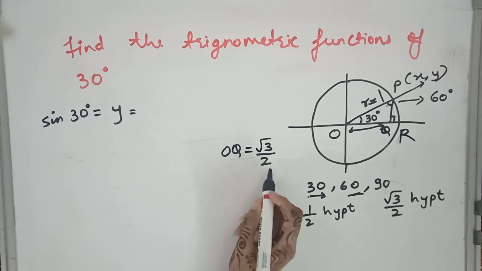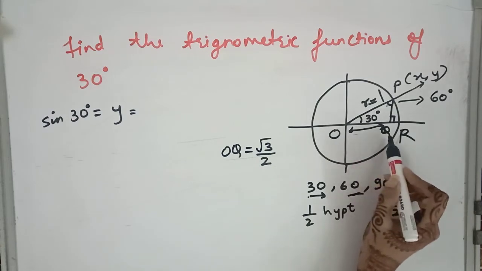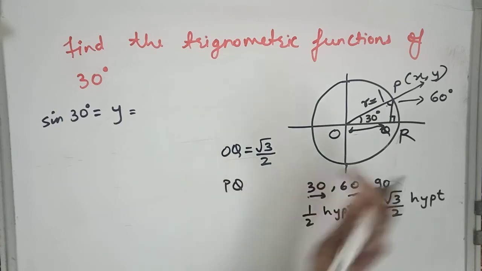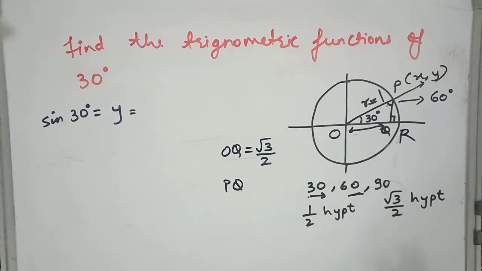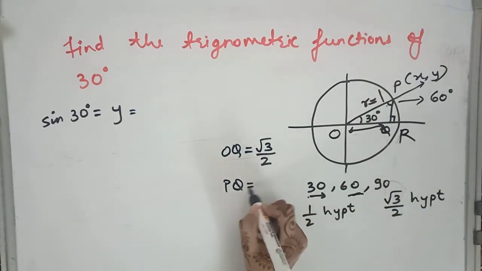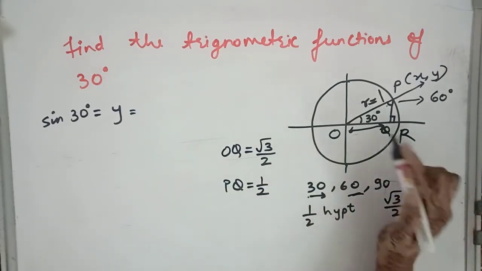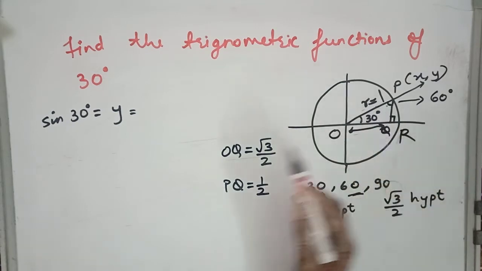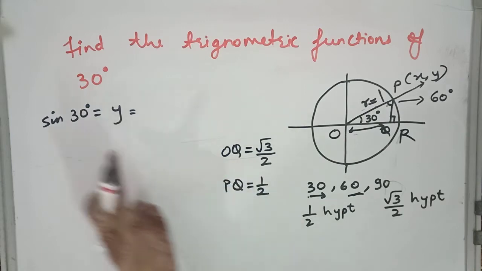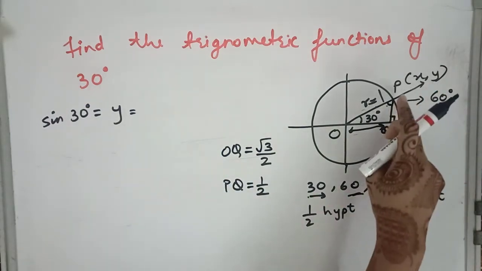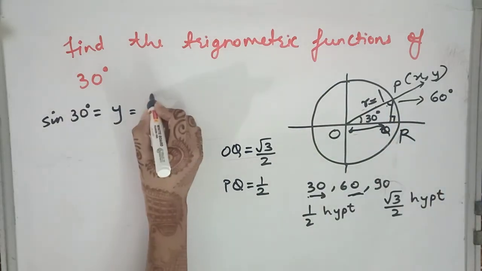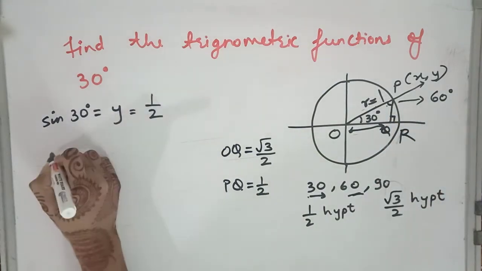So OQ will be √3 upon 2, while PQ, that is the side opposite to 30 degrees, will be 1/2 times the hypotenuse. Hypotenuse is R, that is 1. So PQ will be 1/2. So our y coordinate over here is this PQ, that will be 1 upon 2.